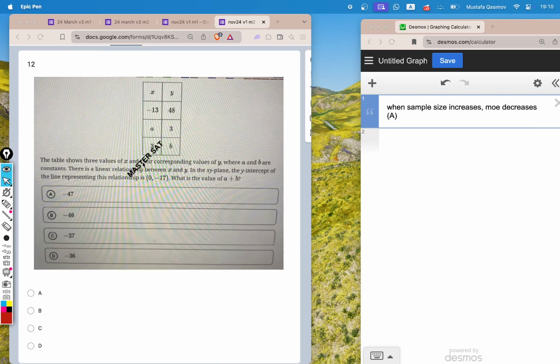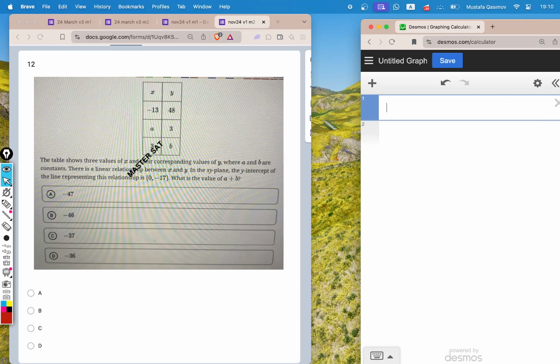This one. There is a linear relation between x and y. In the xy plane, y-intercept is 0 and negative 17. What's the value of a plus b? Let's use a table. Negative 13, 48, 0, negative 17.